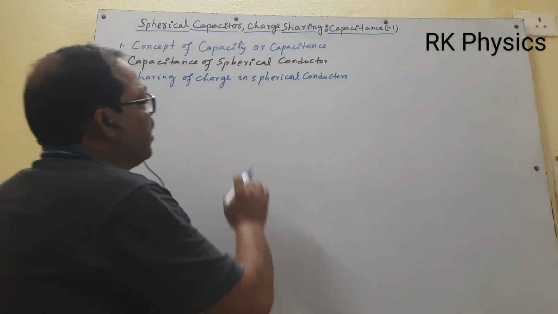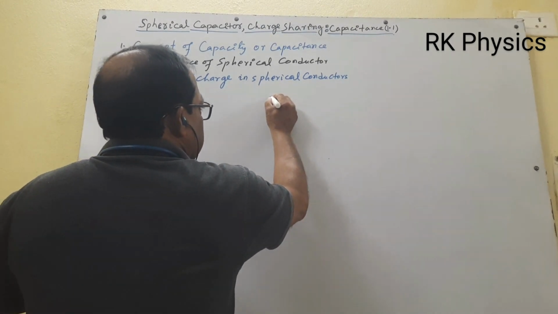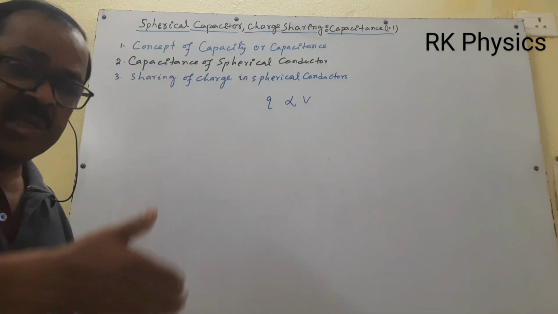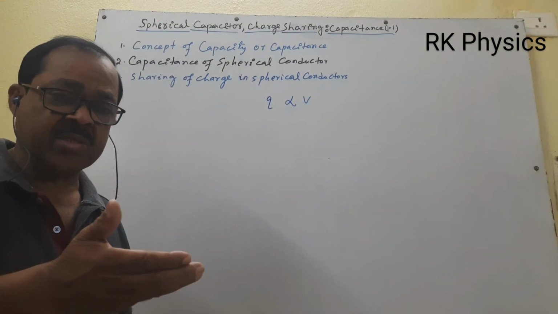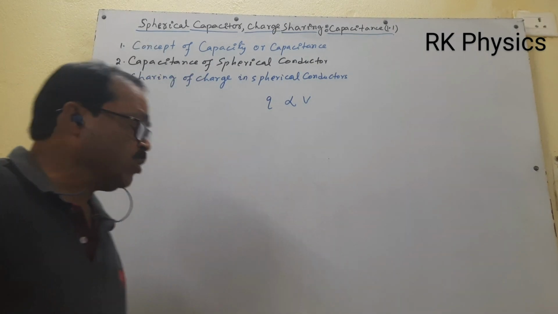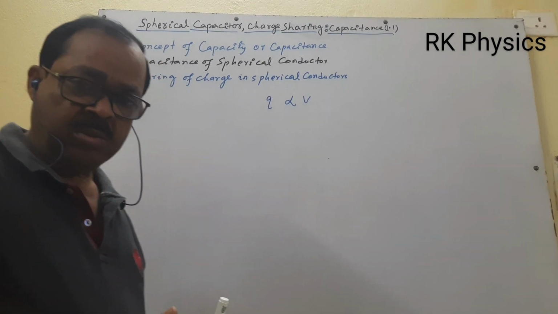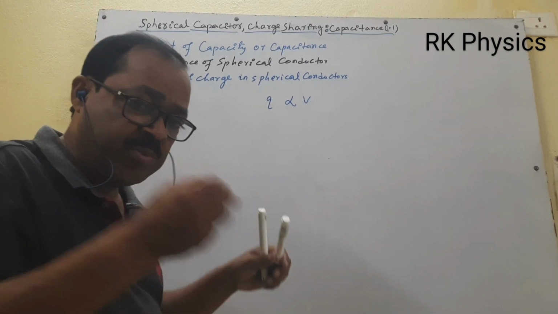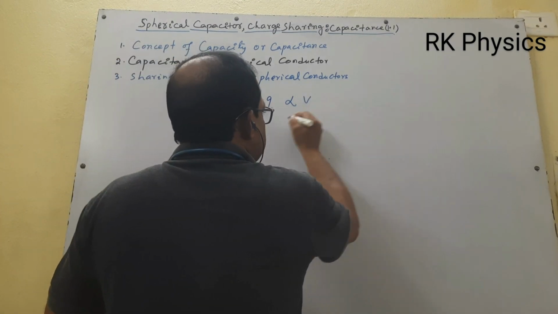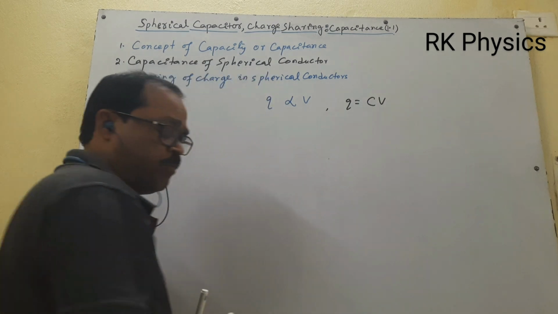Now experimentally it can be shown that charge given to a conductor raises its potential. If Q is the charge and V is the potential rise due to absorbing the charge Q, then you can write Q equal to CV.